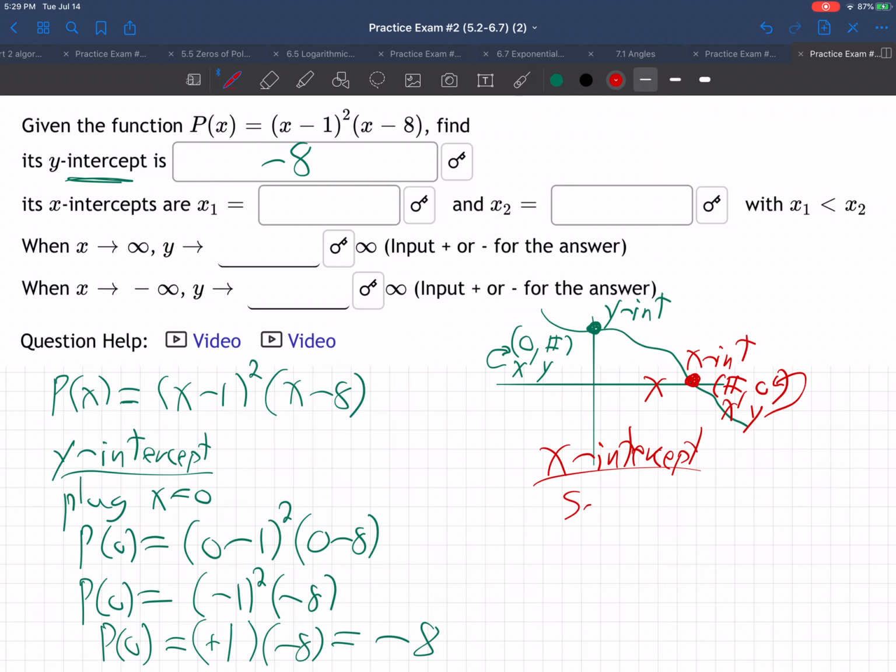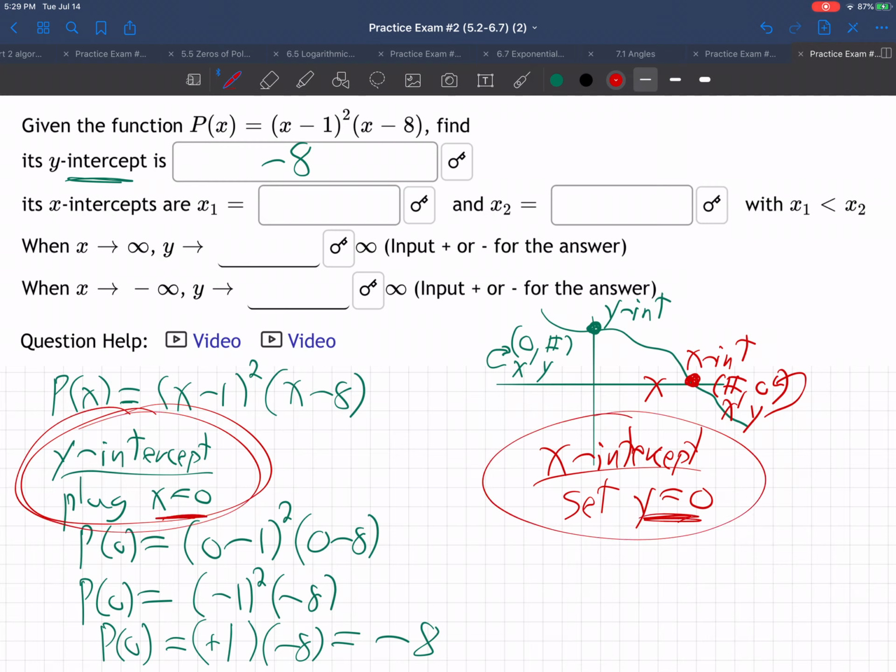So we set y equal to 0. Do you see the pattern? For intercepts, the opposite letter is 0. For a y-intercept, x is 0, and for an x-intercept, y is 0. It's the very nature of what it means to be an x or y-intercept. If you're asked to find a y-intercept, you plug in x equals 0. If you're asked to find an x-intercept, you plug in y equals 0.